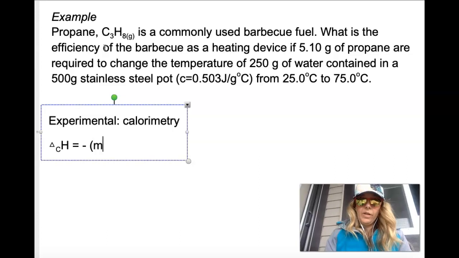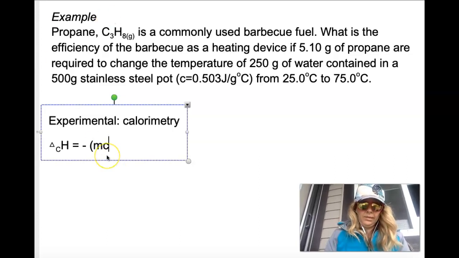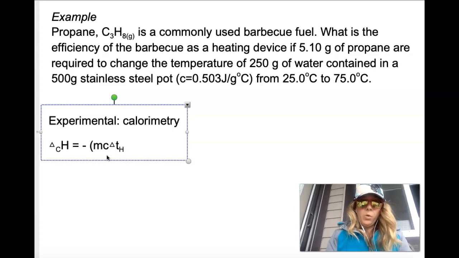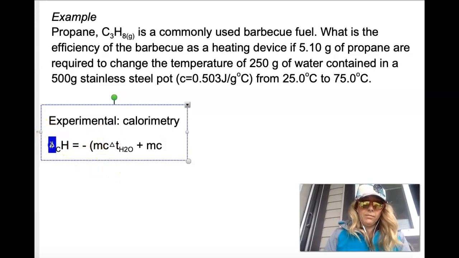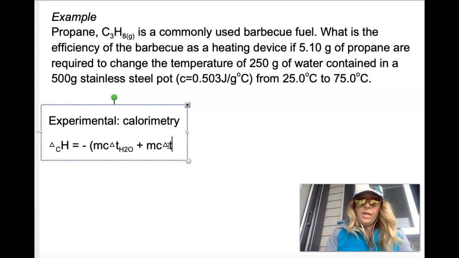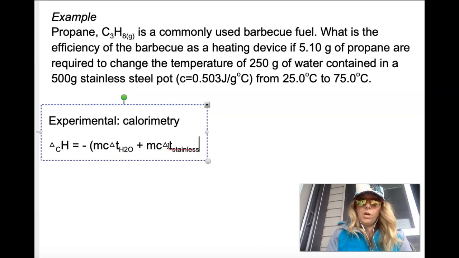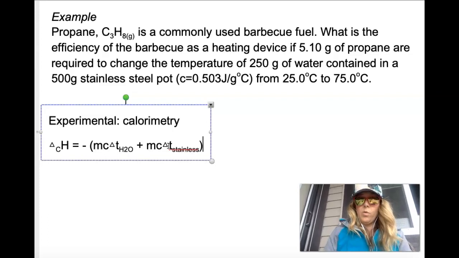Because we always do the negative. MC delta T of the water plus the MC delta T, in this case, of that stainless steel pot, okay, because that's what I have.